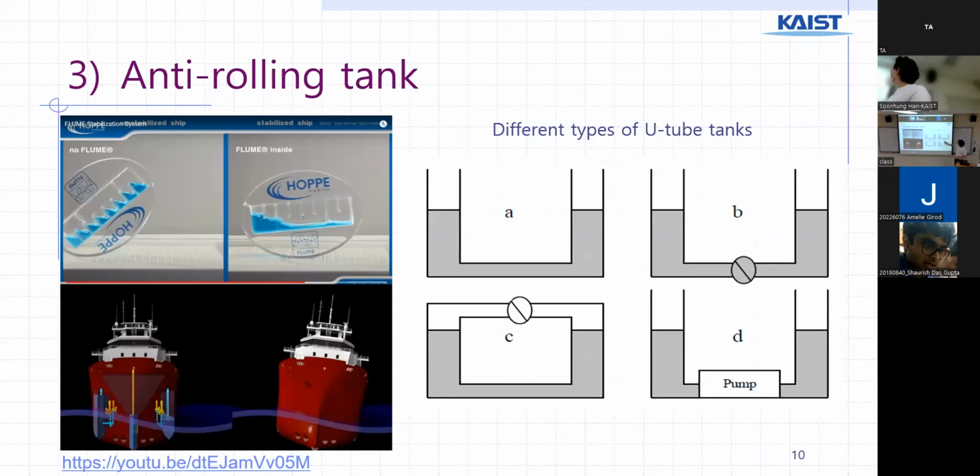And this one is another type of anti-rolling tank, controlled by pumps or something like that, with a different amount of water on each side of the ship.